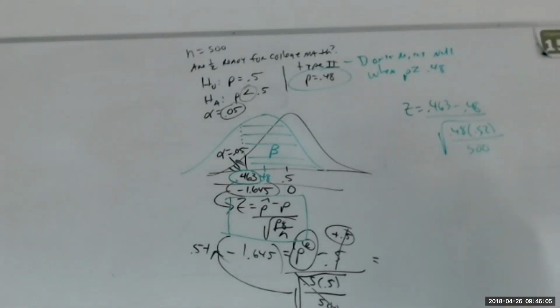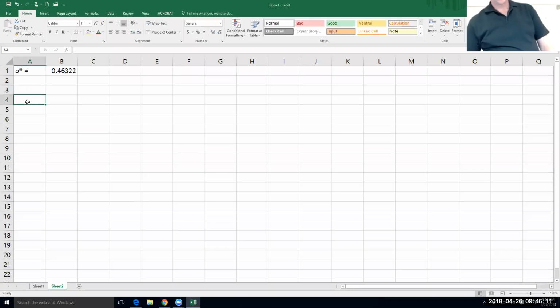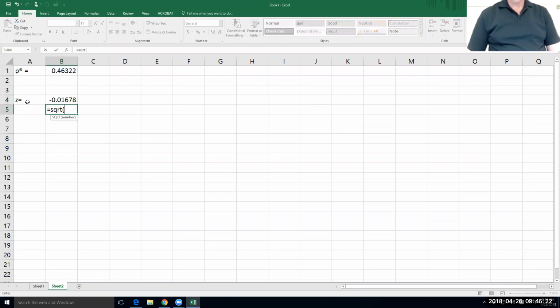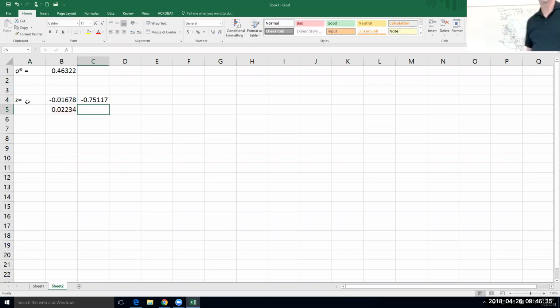Okay, now we can plug that in, so Z equals 0.463, which is that number there, minus 0.48, divided by the square root of 0.48 times 0.52 divided by 500. And I get that divided by that, which is negative 0.75.